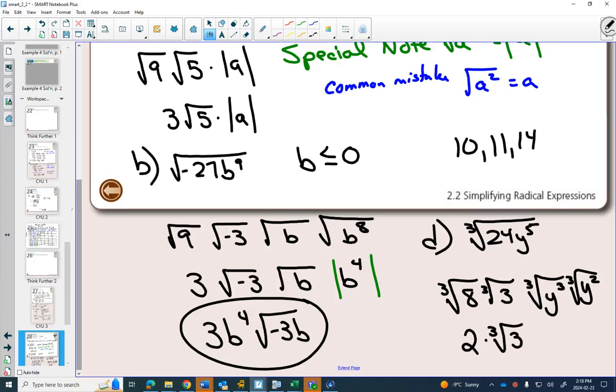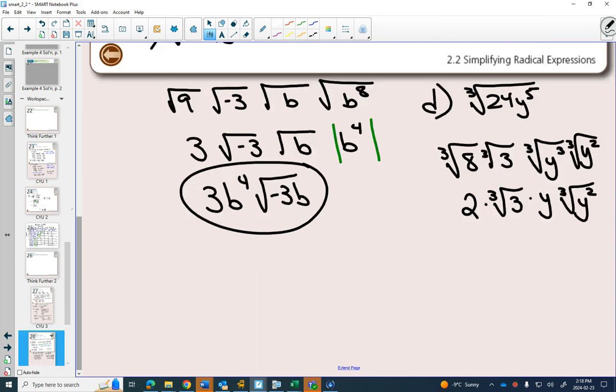Cube root of y cubed is just y. And then I have the cube root of y squared. So as a final answer, I would have 2y cube root, and what's left inside my cube root is 3y squared. Some of you will get very good at going directly from here to here, and I am okay with that.